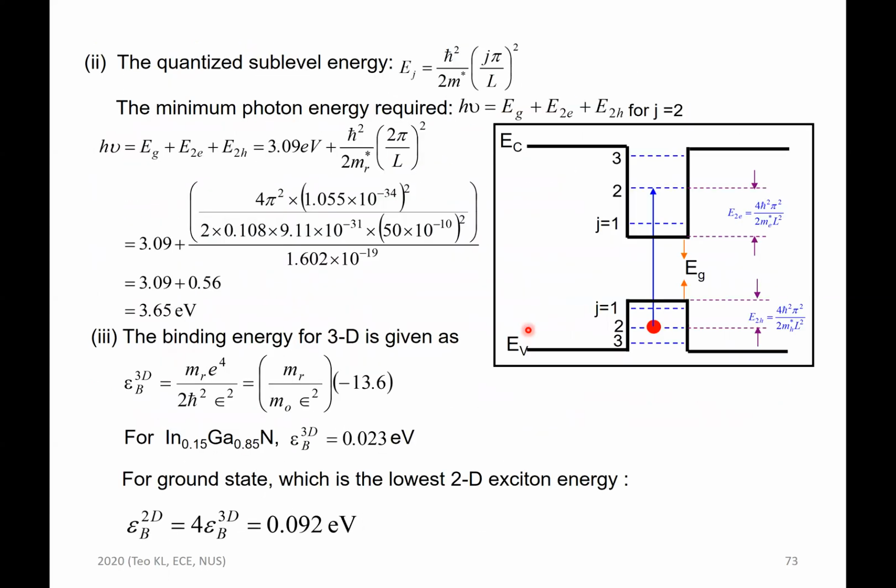So these are the calculations. We can go through that and also calculate the binding energy in the quantum well, which is 4 times that of the binding energy in the three-dimensional case.